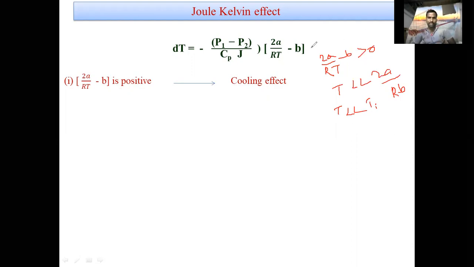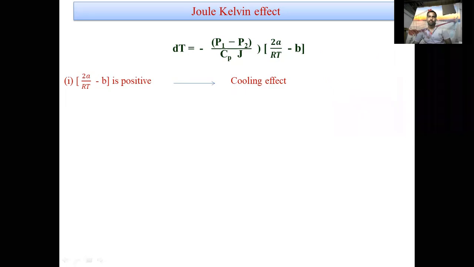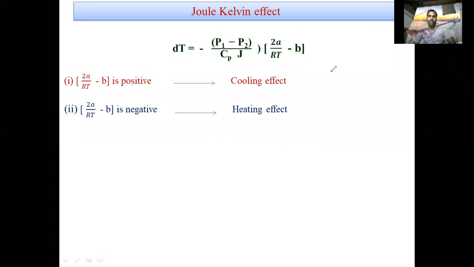Now, in the case where 2A by RT minus B is negative, that gives the heating effect. Suppose 2A by RT minus B is negative, meaning less than 0.